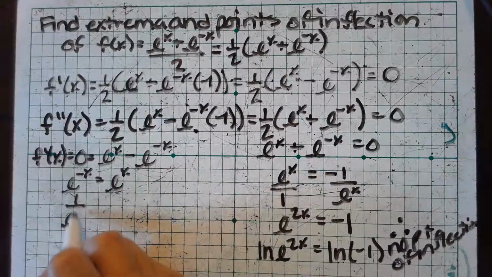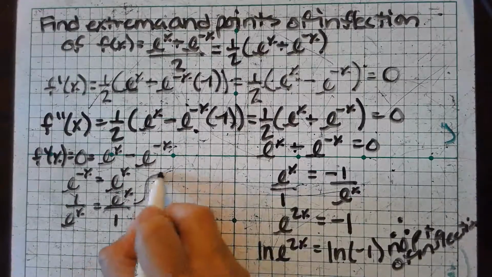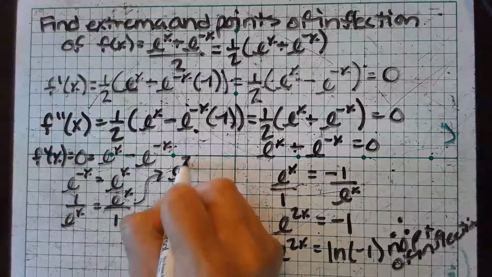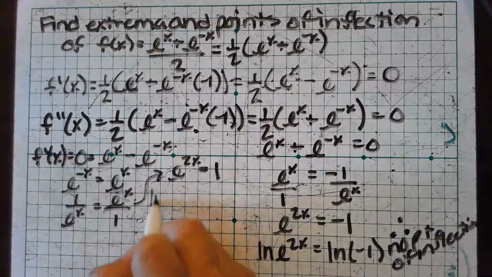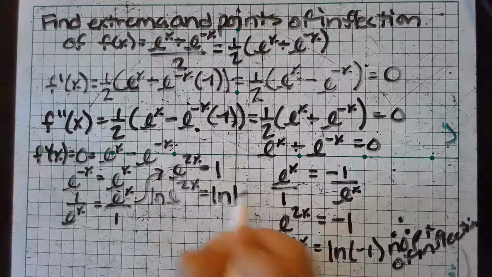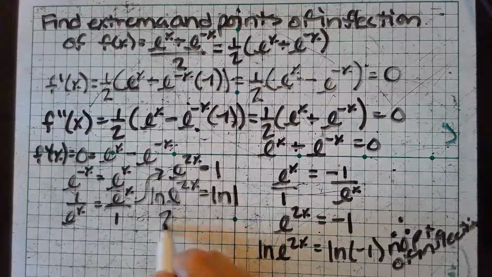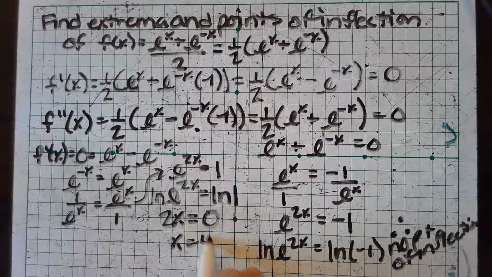So 1 over e to the x equals e to the x, and I'm going to treat this like a proportion again. So e to the 2x equals 1. How do I get rid of e? Natural log. This makes 2x equals the natural log of 1, which is 0, and so I get x equals 0.